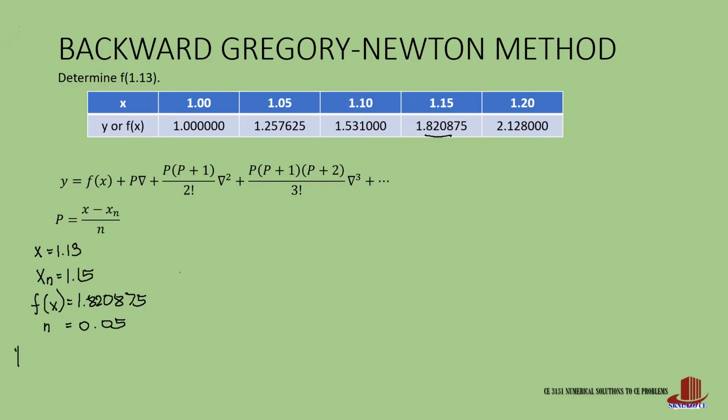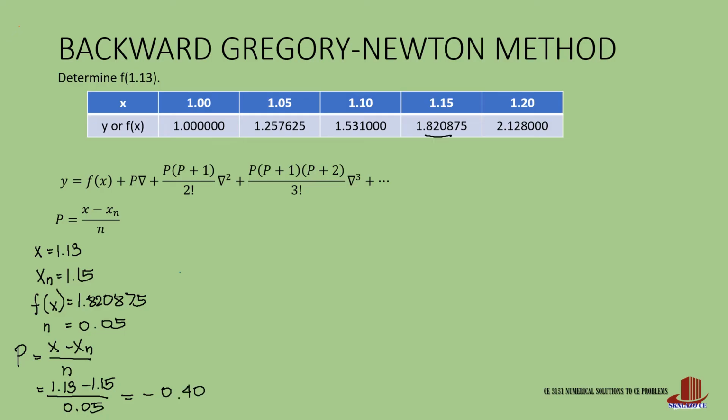For p, which is taken as x less x sub n all over h, that would be 1.13 minus 1.15 all over 0.05. This would give us negative 0.40.